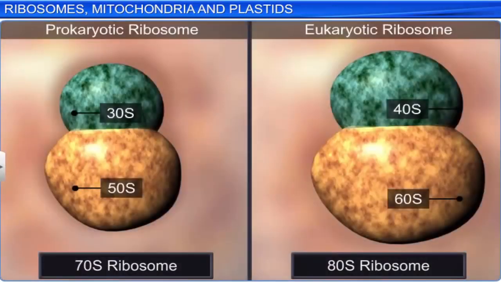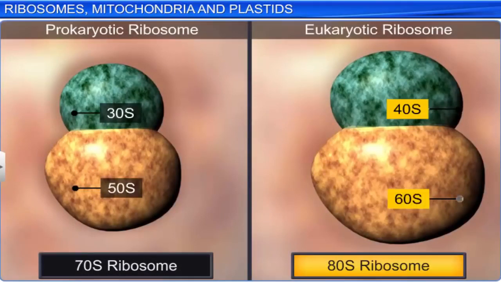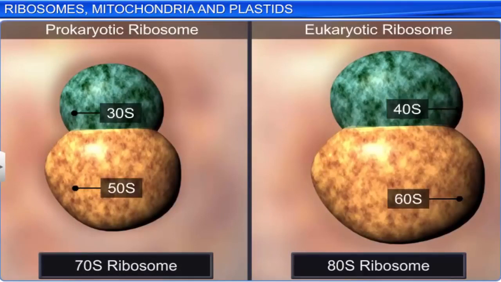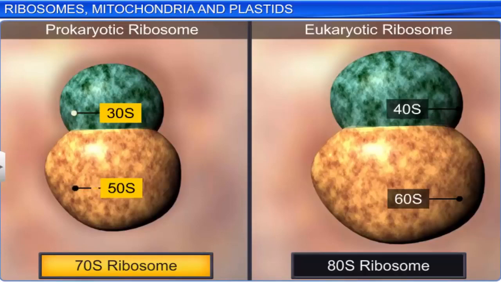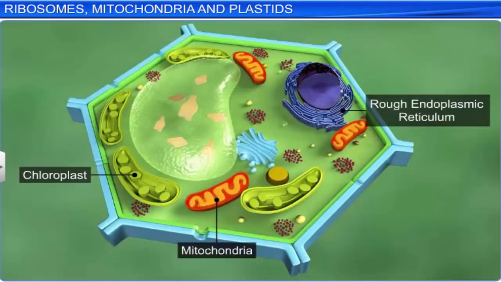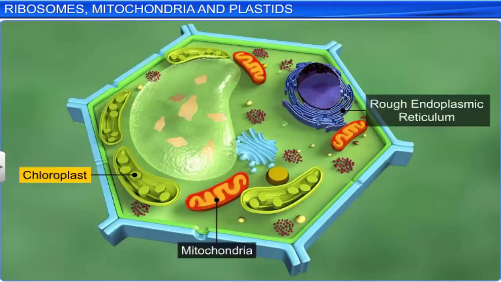While eukaryotic ribosomes are 80S and composed of 40S and 60S subunits, prokaryotic ribosomes are 70S and composed of two subunits, 30S and 50S. Apart from the cytoplasm, ribosomes also occur on the rough endoplasmic reticulum, in chloroplasts in plants, as well as within the mitochondria.